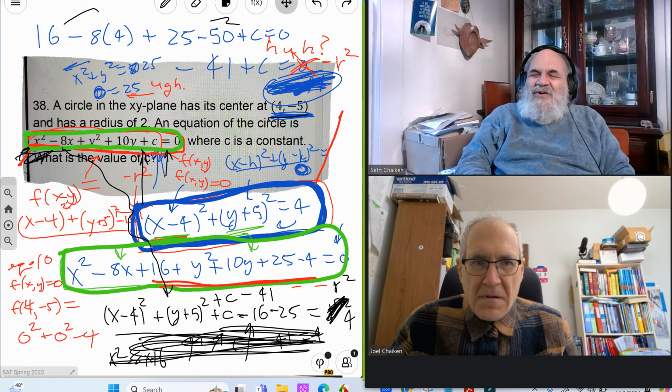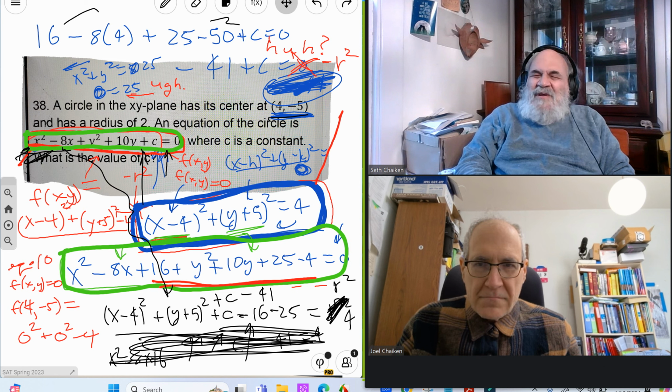Complete the square that begins with x squared, and then complete the square that begins with the y squared, but you need to preserve the equation.